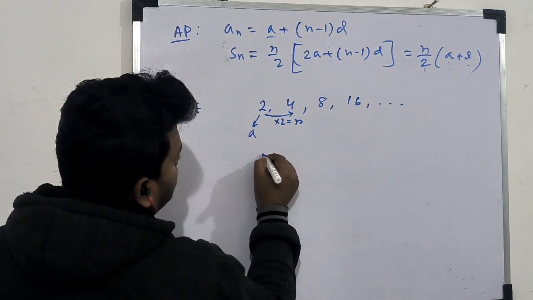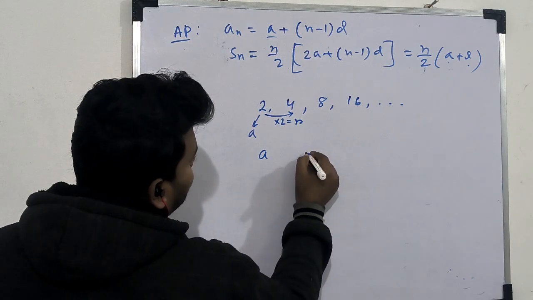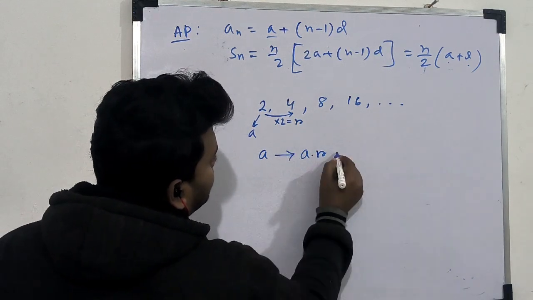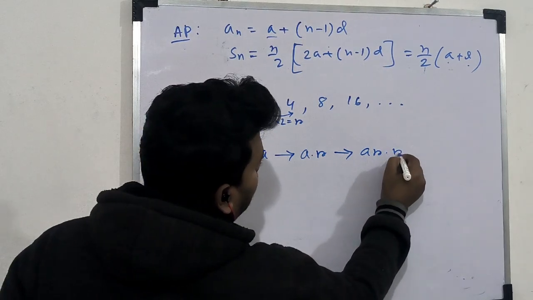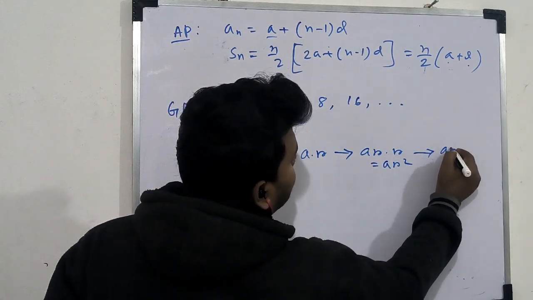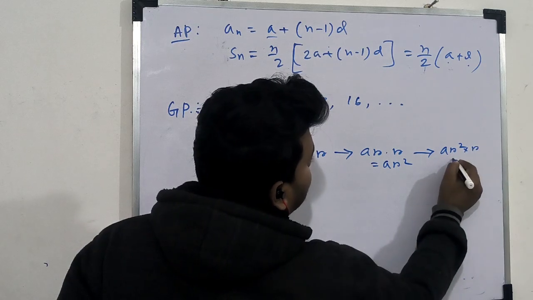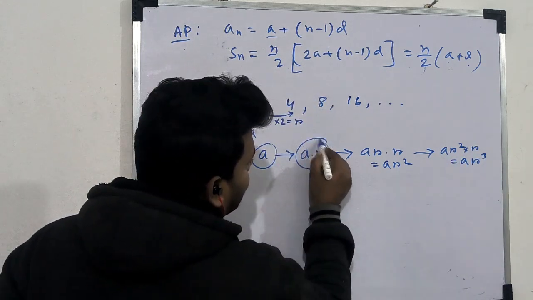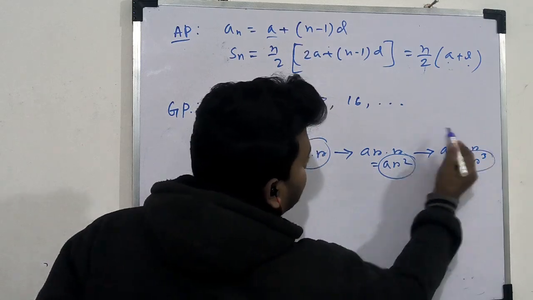So first a, then we get a into r. Therefore we get ar into r, that is ar square. Therefore we will get ar square into r, that is ar cube. So this is the first term, second term, third term, fourth term.